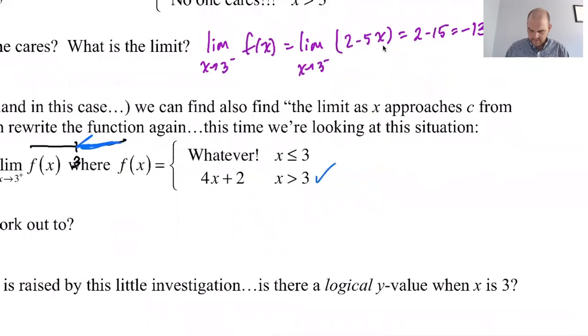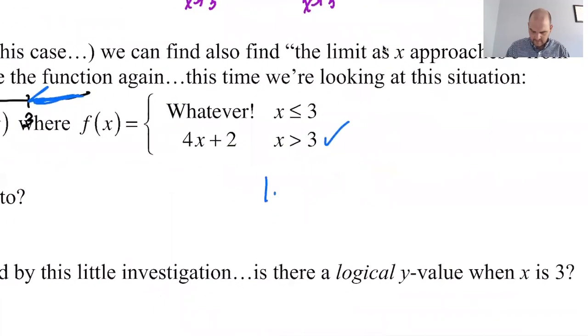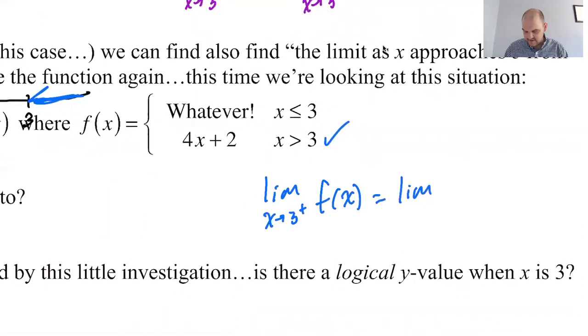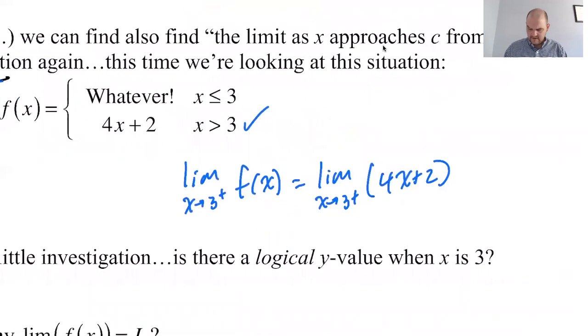So here, I would say the limit as x approaches 3 from the right of f of x. So you're trying to explain to people what you're doing. That's why you write this part. And then what you're actually doing is this, of 4x plus 2. And then that would be 12 plus 2, so 14.